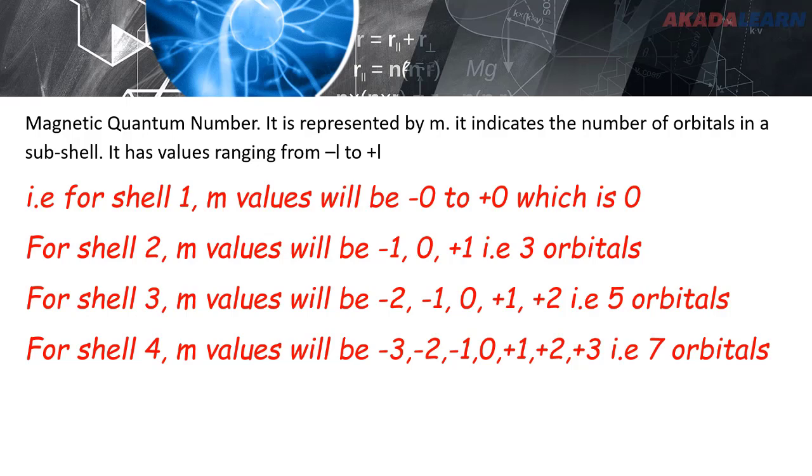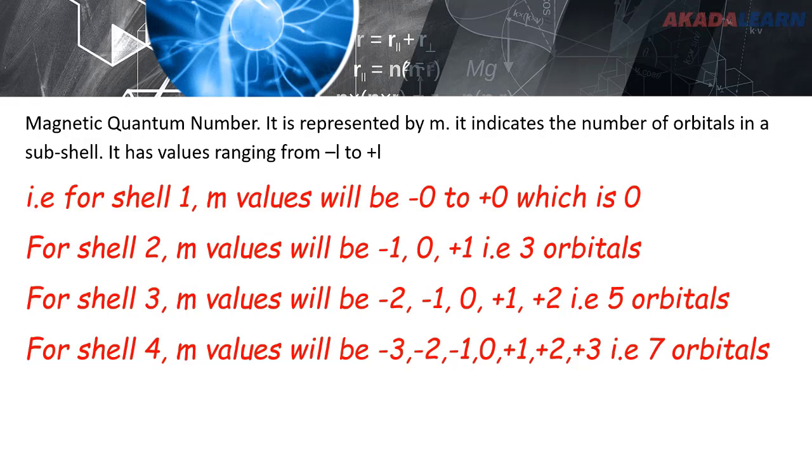That is, for shell 1, m values will be from -0 to +0, which is 0. For shell 2, m values will be -1, 0, and +1. That is 3 orbitals.